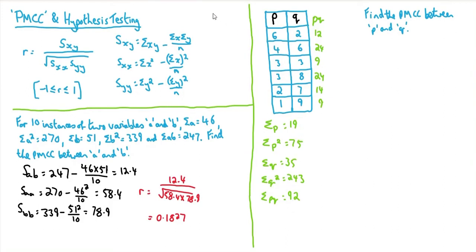So to now plug these into your S formulas, so for the S of PQ, we're going to have the sum of PQ, that 92, and minus from that the sum of P, which was 19, times by the sum of Q, which was the 35.